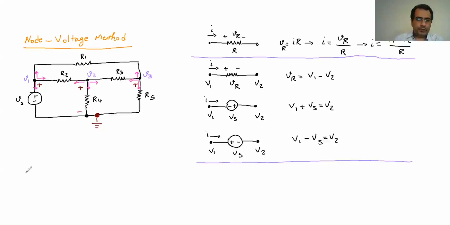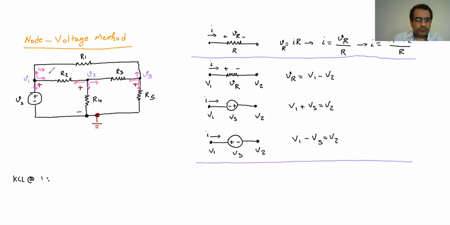So here, if I want to write the KCL for the first node at 1, I'm looking for this I that goes up, that goes from 1 to 3. Let me write it incomplete so it makes it easier for you. So this one, the I goes up, is the I that goes from 1 to 3.